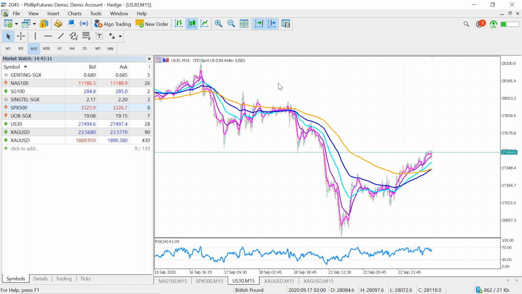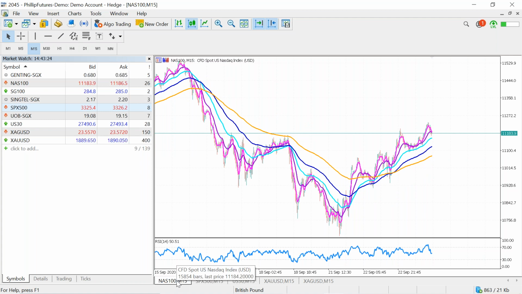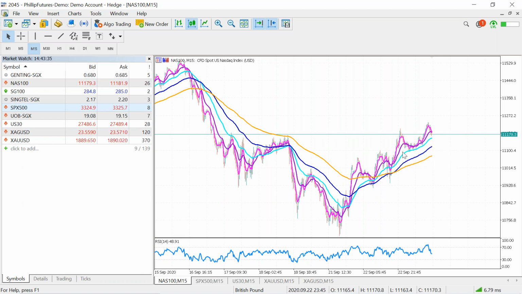But although at first glance the trend may look similar, the pattern may look similar, from what I see, I think the Nasdaq 100 is actually stronger. Reason being, you can see that it has reversed earlier. On the 21st, it has already started to break above the resistance, and the pattern is clearer.